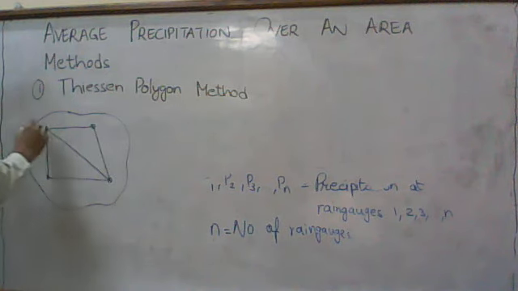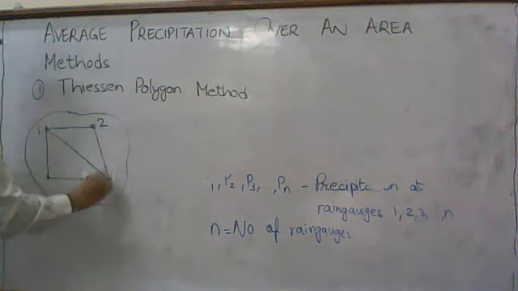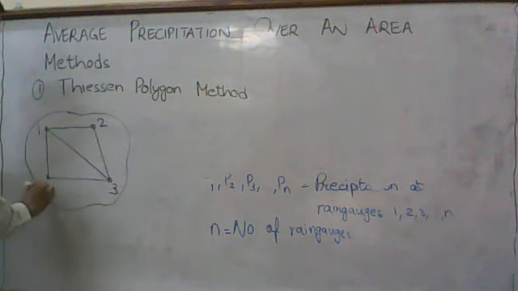You can see they have formed a triangular network. Suppose this is station 1, this is station 2, station 3 and station 4. Each station has been connected with lines so that they form a triangular network.